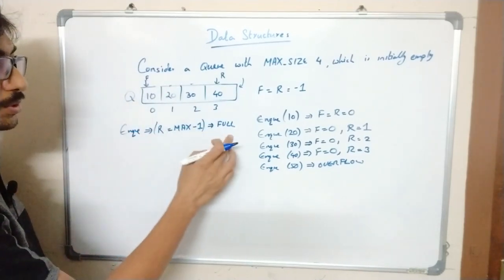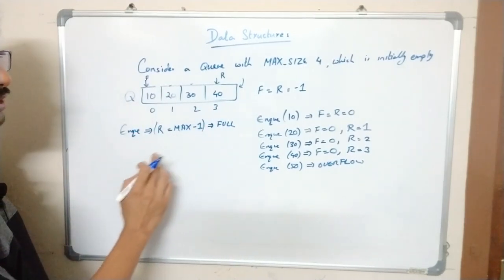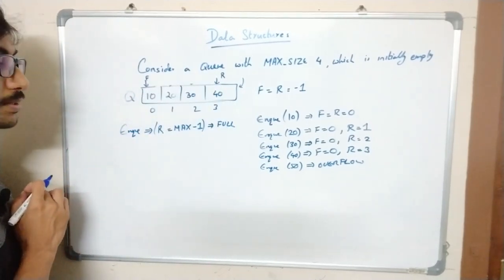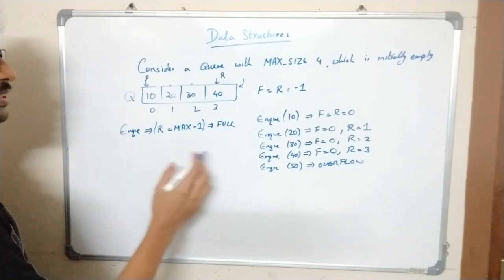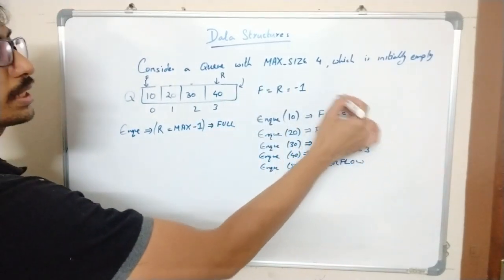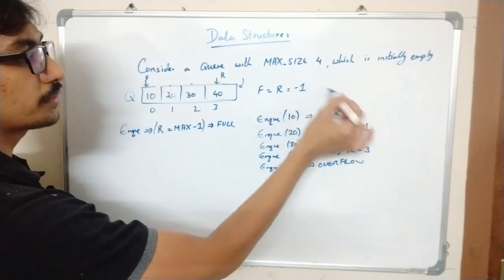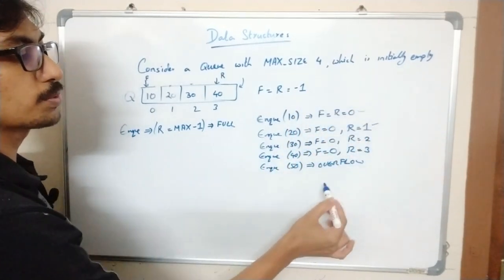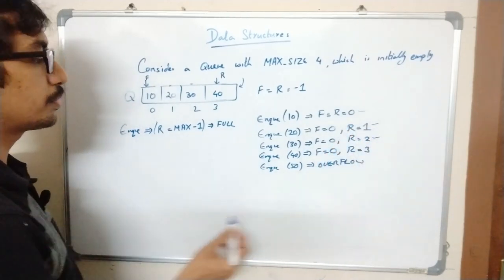So to check for overflow condition or check if the queue is full, we will be using R is equal to max minus 1. And what is the general operation during NQ? You can see initially R was minus 1. Then during the first insertion, R becomes 0. During the second insertion, R becomes 1. Third insertion, R becomes 2.